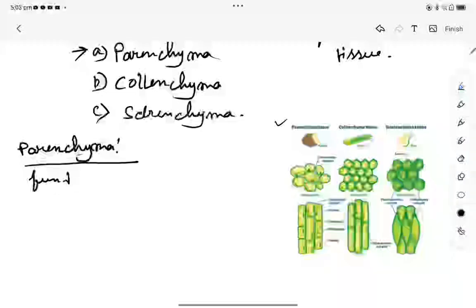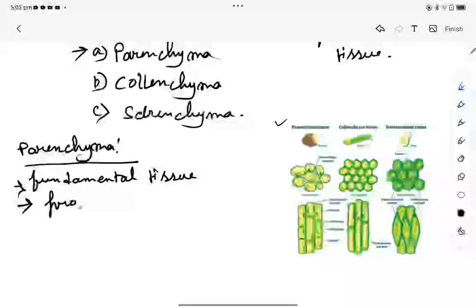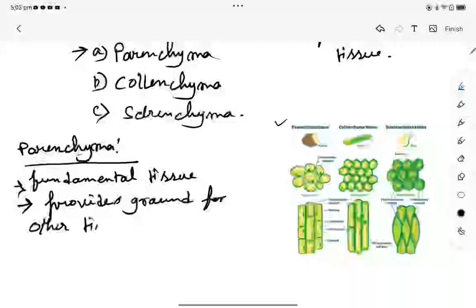Fine. They are fundamental tissue of plant. Why? Because they provide ground for other tissues. Okay.